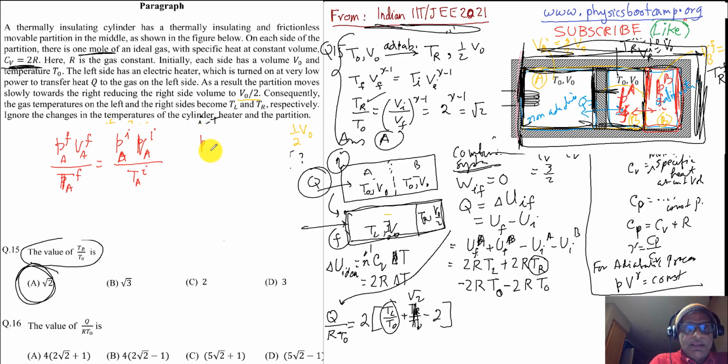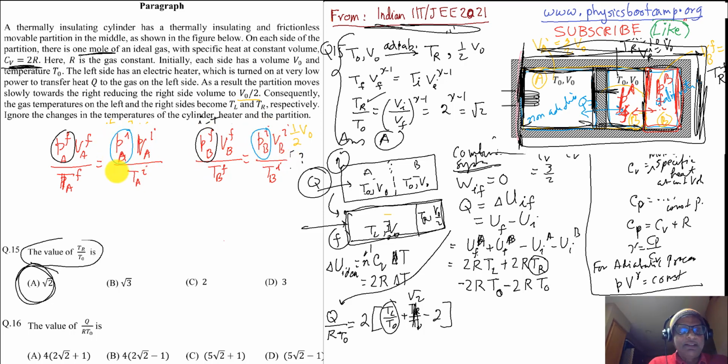On the right side, we have P B final, V B final over T B final should be equal to P B initial, V B initial over T B initial. Now we know that this is equal to this, and we know that this is equal to that.